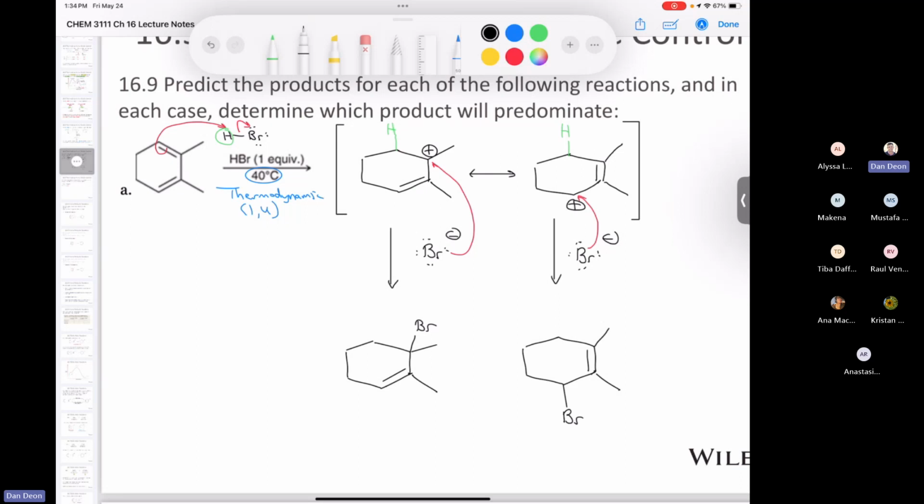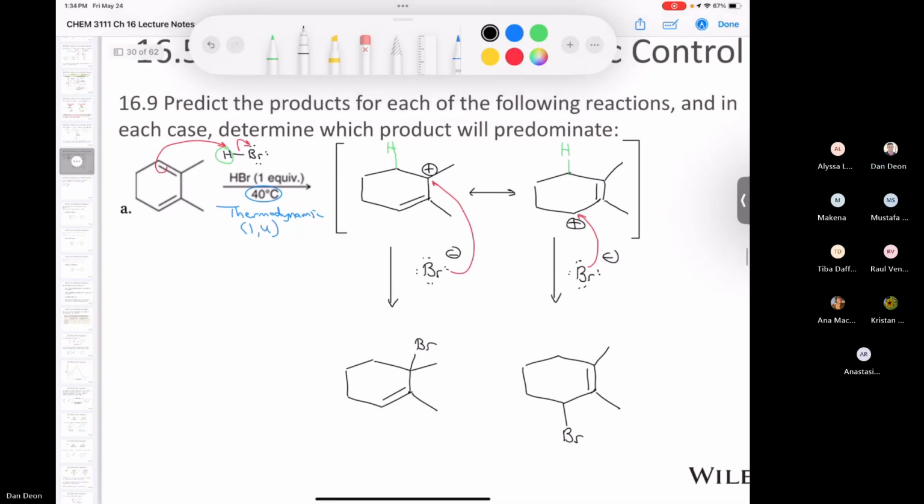Which one would be the 1,2 adduct? Would that be the one on the left or the one on the right? The kinetic product. Which one would be kinetic? Is it the one on the left or the one on the right? Anybody? Kinetic product.